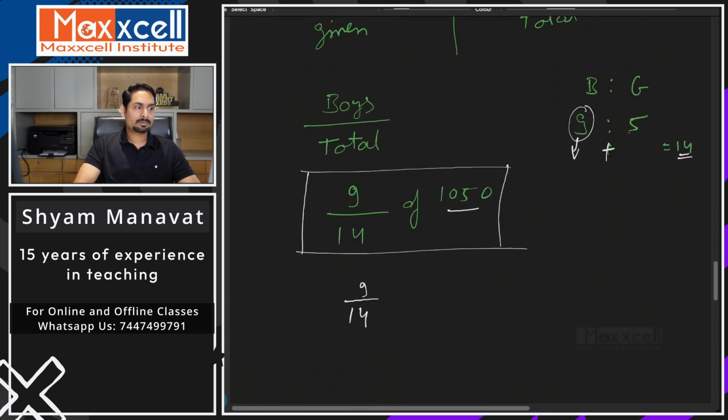So how do we write this? Boys 9 out of 9 plus 5, which is 14, or we can say it's 9 by 14, or boys are 9 out of 14 in the school. So the boys' portion is 9 out of 14 of the total, which is 1050.